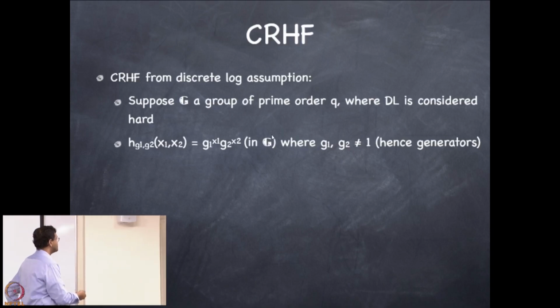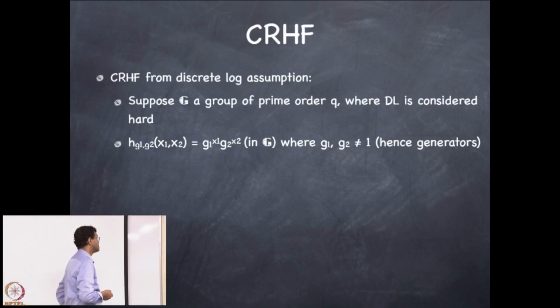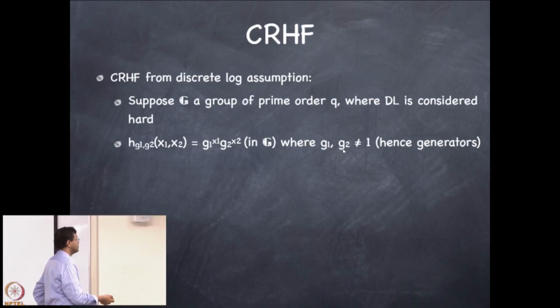And here is the hash function, all of it, right? So the hash function is described by 2 elements from the group, 2 non-identity elements from the group. So g1, g2 not equal to 1, right?